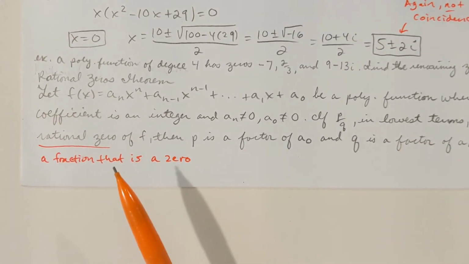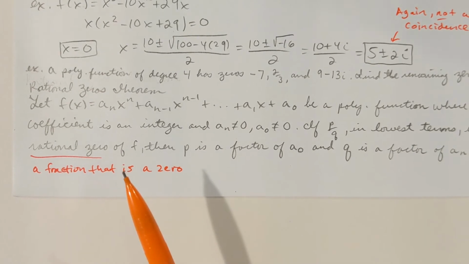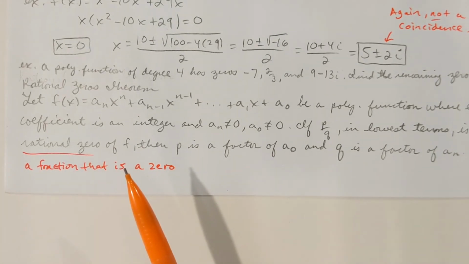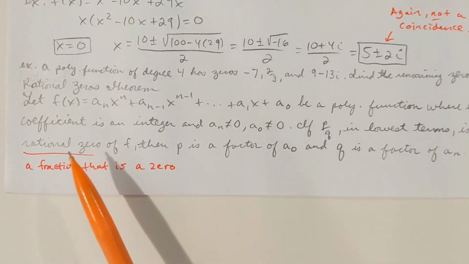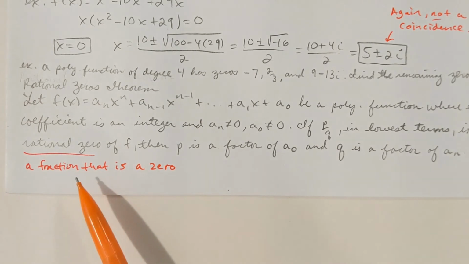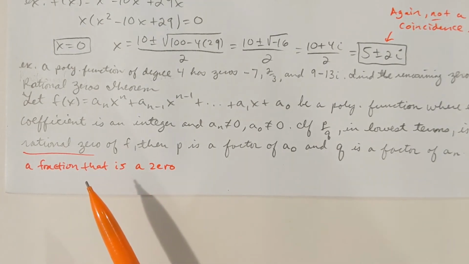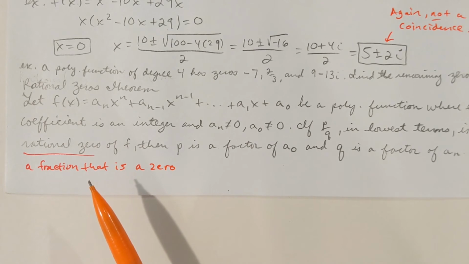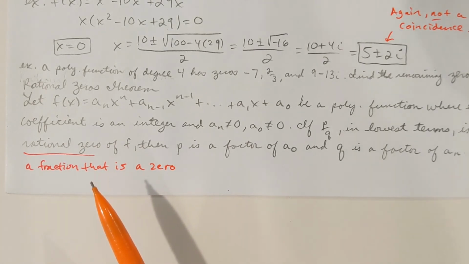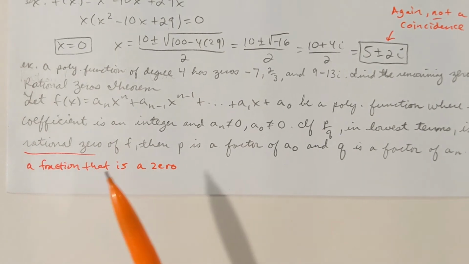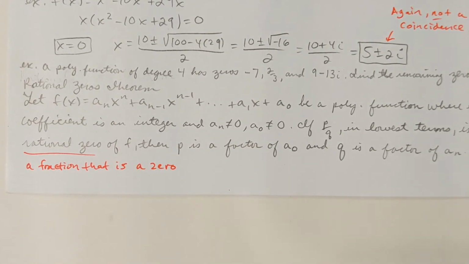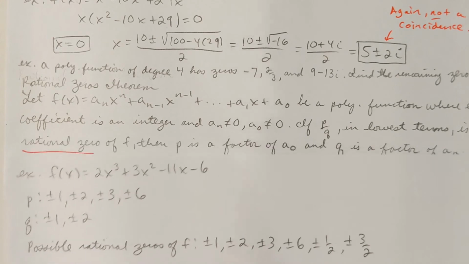Now what we're doing here is we're going to create a list of possible zeros that are fractions. A rational zero is just a zero that would be in fractional form. And we're going to be drastically reducing the amount of guessing and checking if we are familiar with the rational zeros theorem. Here's an example of the rational zeros theorem.